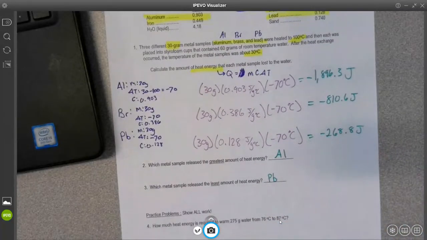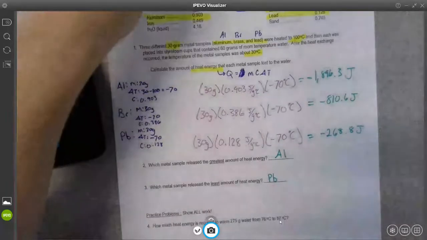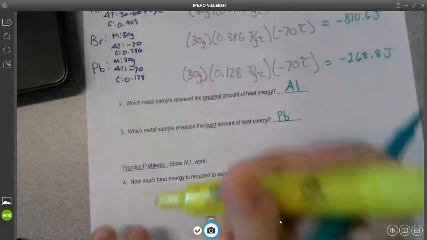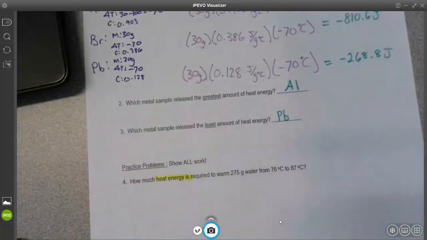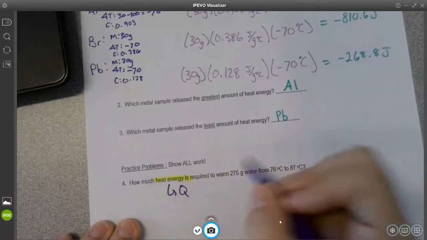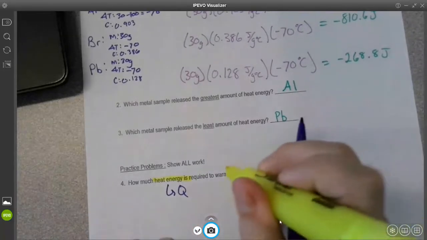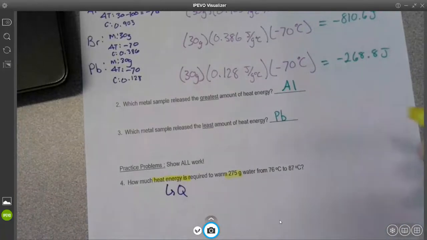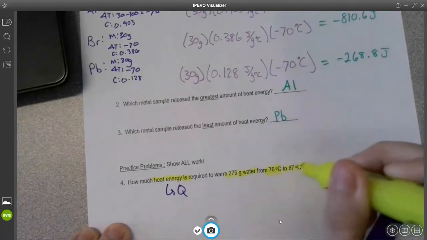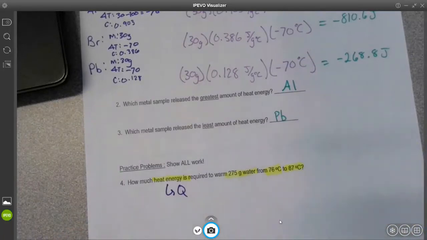All right, so let's do one more. Let's say that we just have a single problem: one metal, one temperature, one mass, etc. How much heat energy, again, heat energy is going to be our Q, is required to warm 275 grams of water from 76 degrees Celsius to 87 degrees Celsius?